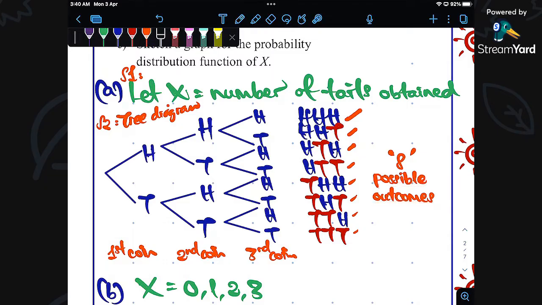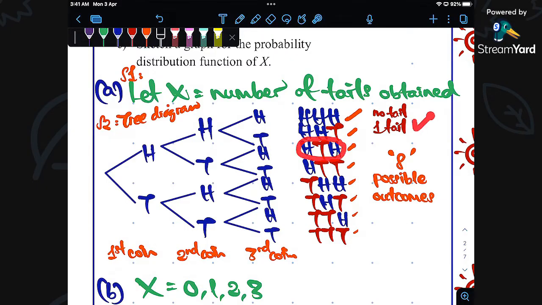And then I just need to find how many tails are obtained when we toss the 3 coins. So the first outcome we have all heads, which means there are no tails. The second outcome is head, head, tail. Oh, there is 1 tail then. The third outcome is head, tail, head.